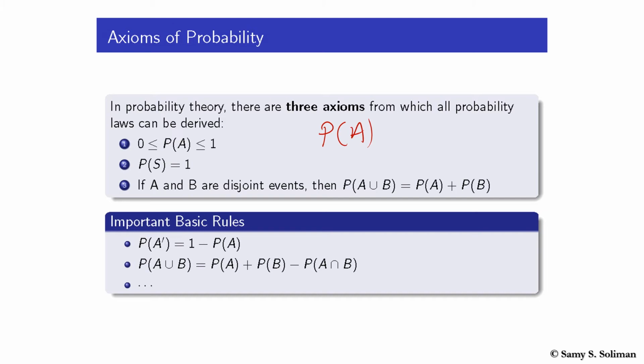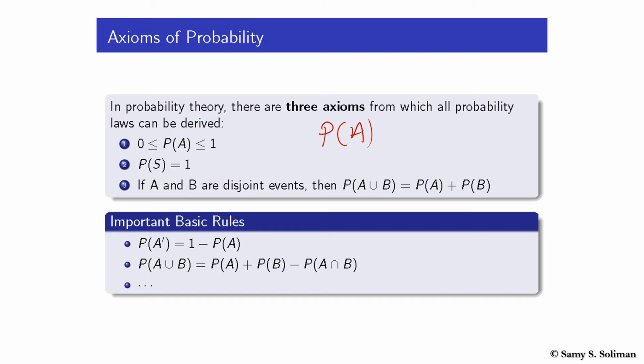It makes no sense. It has no meaning. It might be 0 if that event can never happen, or if that event includes no elements with regard to the overall sample space. So the probability of any event should be a non-negative quantity, larger than or equal to 0.